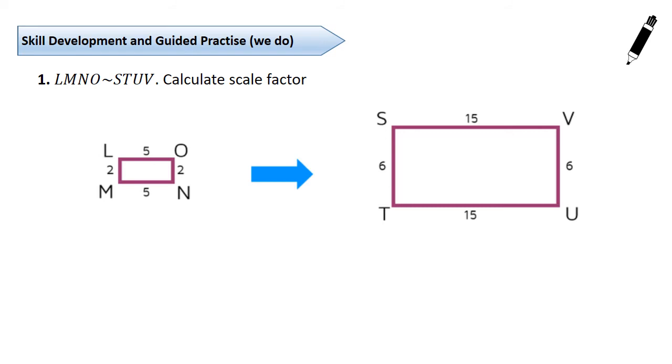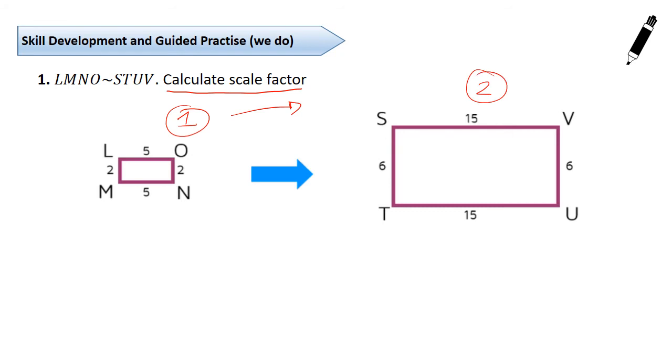Okay, guys, so what we're going to do is calculate the scale factor. There's a couple of ways that we can do it, but what you should be asking yourself is, what number have I multiplied every single side of this shape by to produce the similar figure of shape 2?